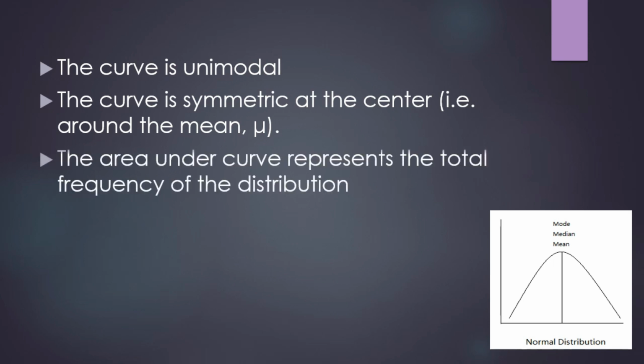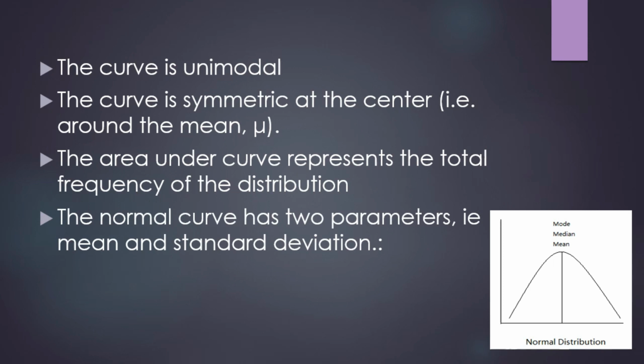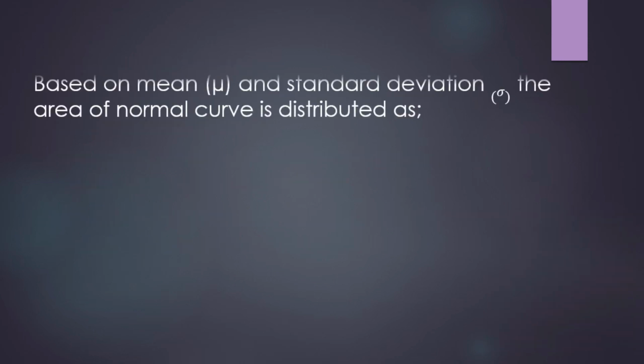The next one is the area under the curve represents the total frequency of the distribution. The normal curve has two parameters, that is mean and standard deviation. So based on the mean and standard deviations, the normal curve can be distributed.